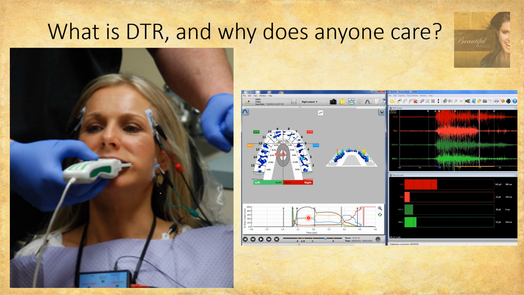The disclusion time is the amount of time it takes to get from C to D. A to B is occlusion time, C to D is disclusion time. That is the primary therapy that is being rendered to the patients that you're going to see.